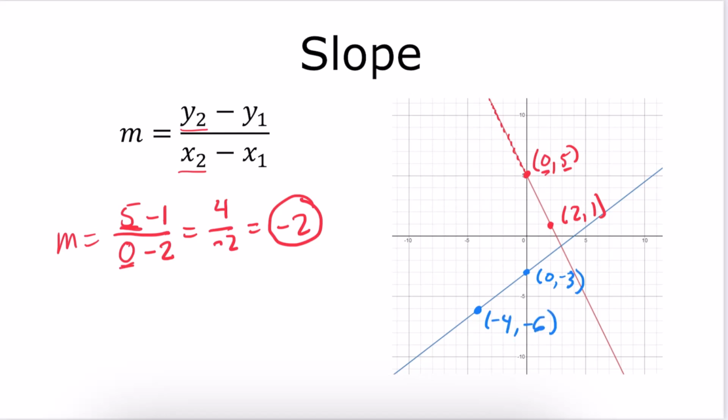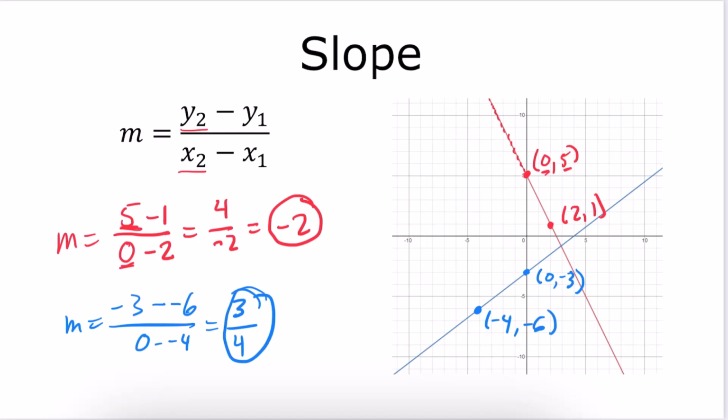The slope in that case would be negative 3 minus negative 6, and then 0 minus negative 4. Negative 3 minus a negative 6 is the same thing as negative 3 plus 6, so that would be a positive 3. And 0 minus negative 4 is the same thing as 0 plus 4, which is 4. And so the slope in this case would be 3/4.